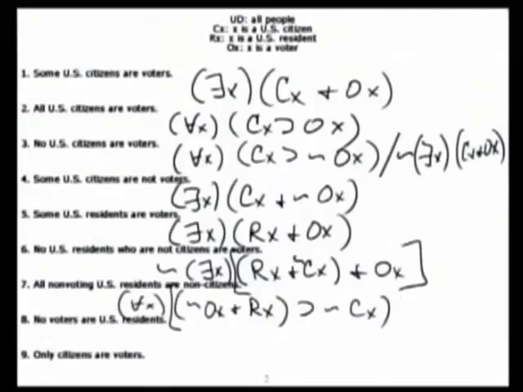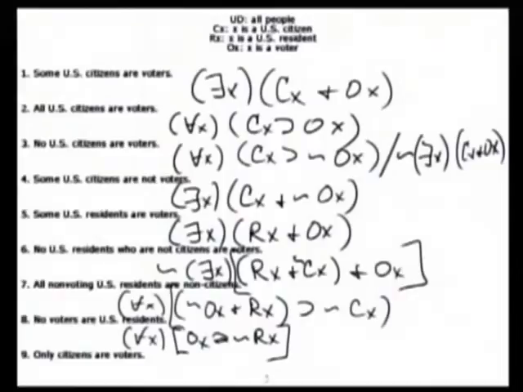All right, Mark, number 8. I have all X, OX implies not RX. Okay, so if X is a voter, then X isn't a U.S. resident, for all X. That seems right to me.